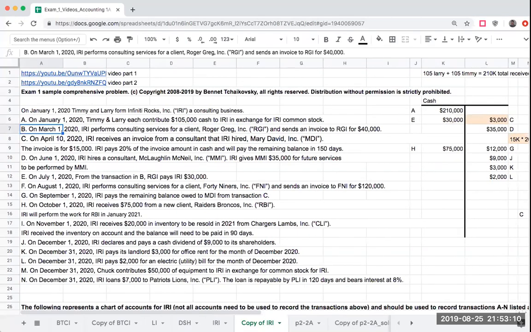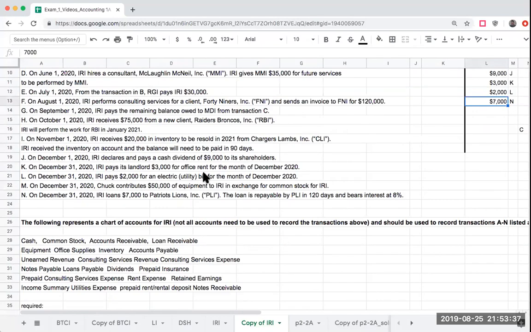All right, so I loan money to Patriots Lions. The loan is repayable within 120 days and bears interest at 8%. So I'm loaning money to Patriots Lions. What's happening to my cash? Is it going up or down? Down. So I'm going to be crediting cash for $7,000.